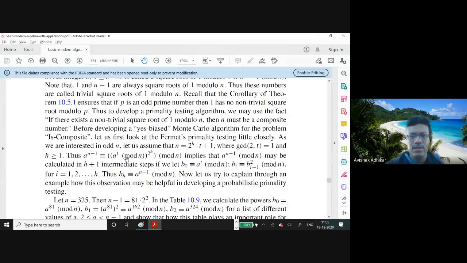Okay, so this value, a to the power n minus 1, may be calculated in h plus 1 intermediate steps if we let b0 equal a to the power t modulo n.